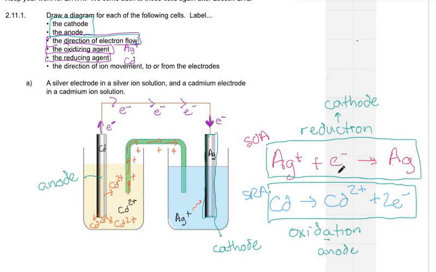Would you like an electron? The ion says, yes, I would love an electron. Silver ion plus electron forms a solid atom of silver, and as that keeps happening, we get more and more silver forming on this electrode. It's called plating. This will start getting fat as more and more silver attaches onto it.